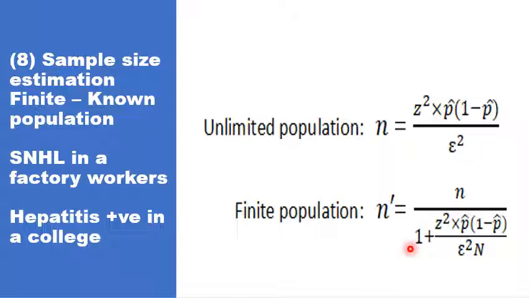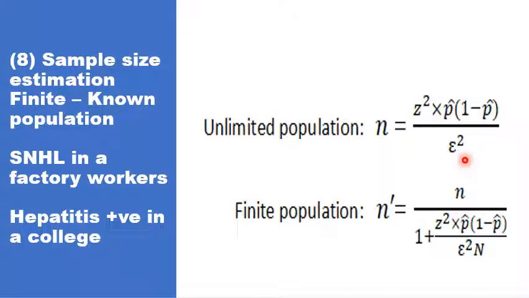So we need a new formula, and this new formula would depend on two things. It would depend on the estimated number for the sample size if the situation was unlimited, like the previous two examples. We just calculate the required sample size, assuming that the population is unlimited, with the usual formula.